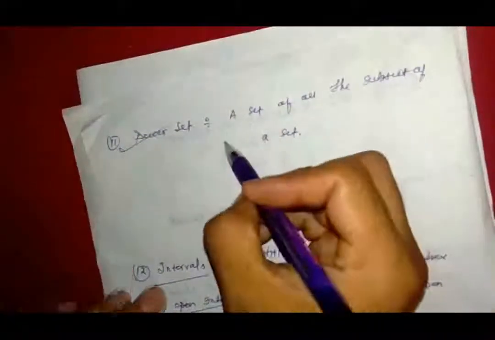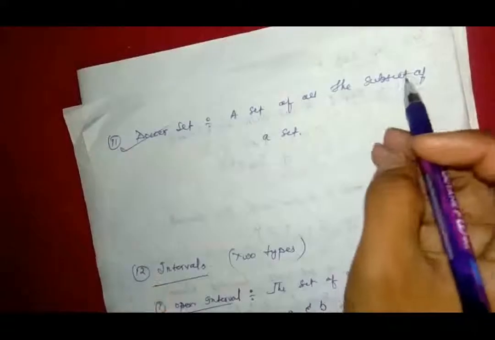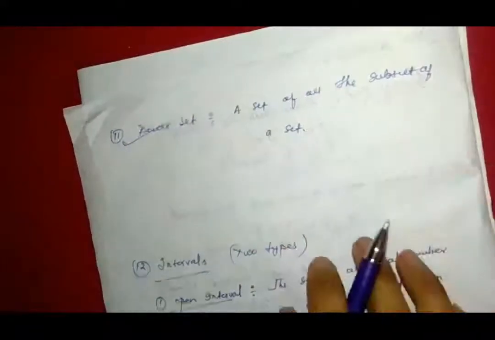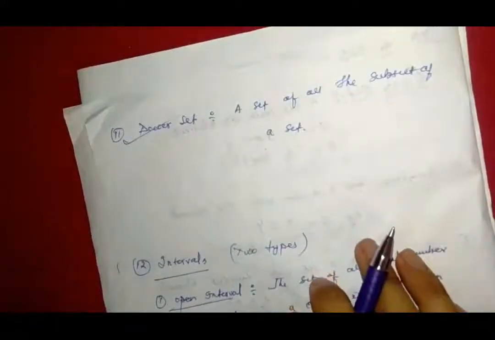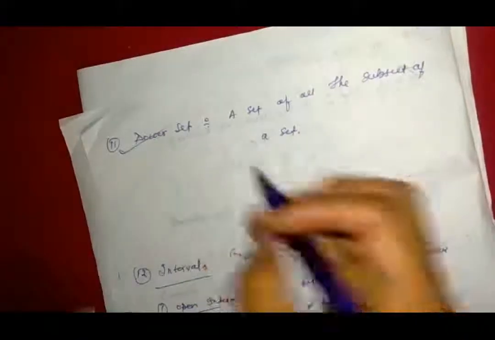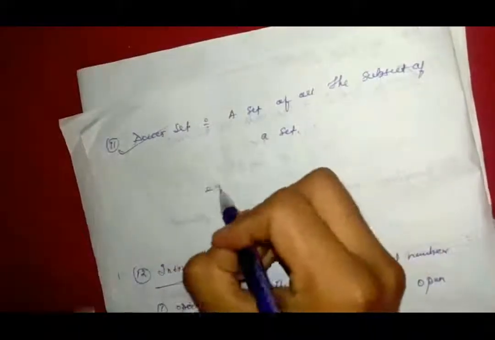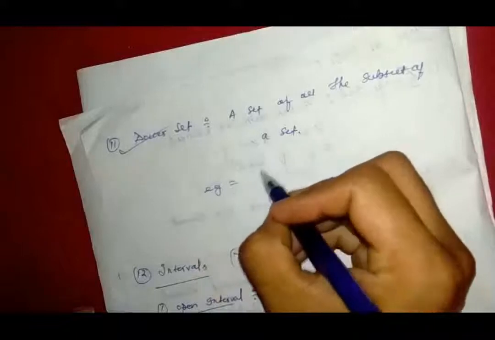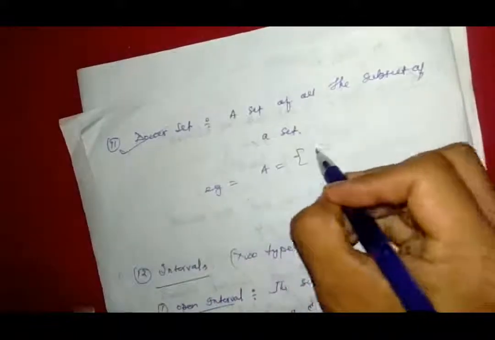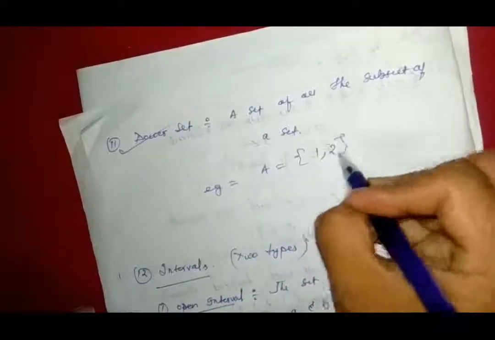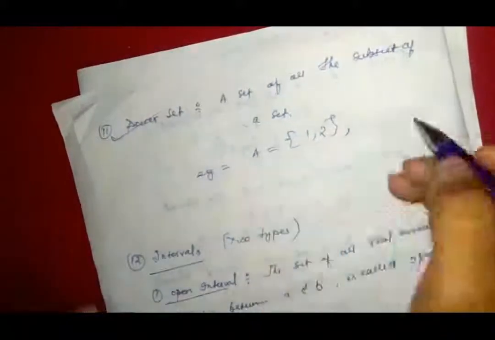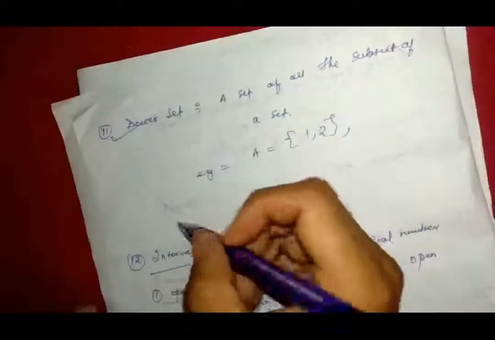Now for the power set, it is the set of all the subsets of A. For example, I'm taking a set consisting of two elements, that is 1 and 2. Now we're going to see the subsets.